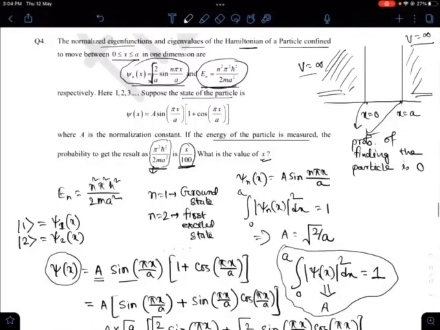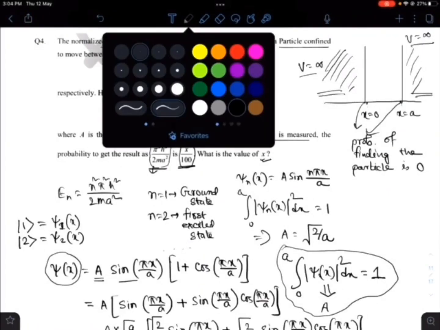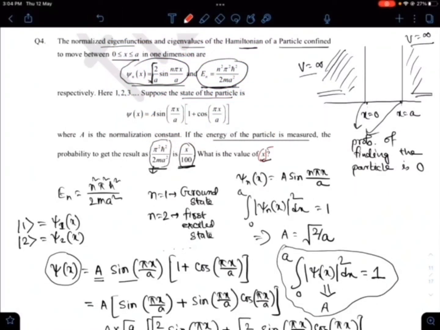So the value of x should be 80. This value is 80.